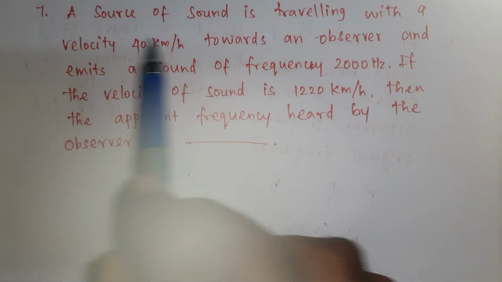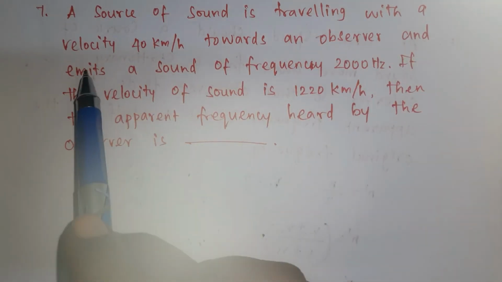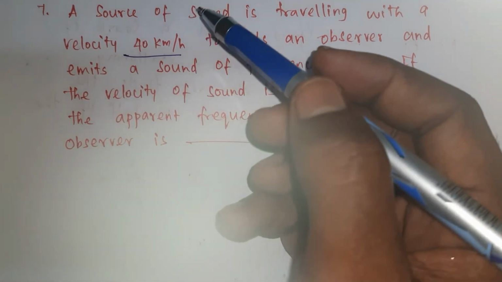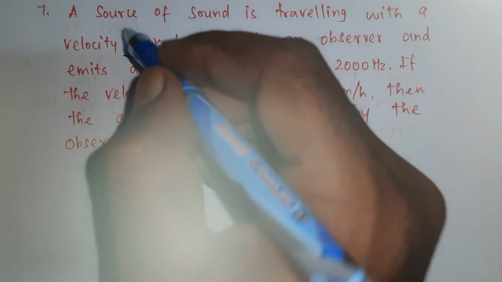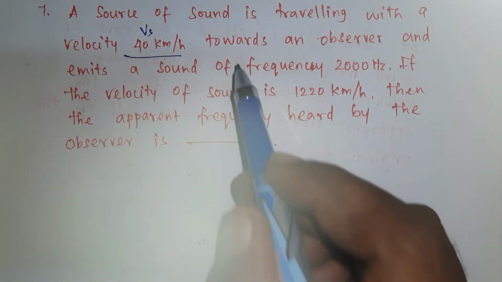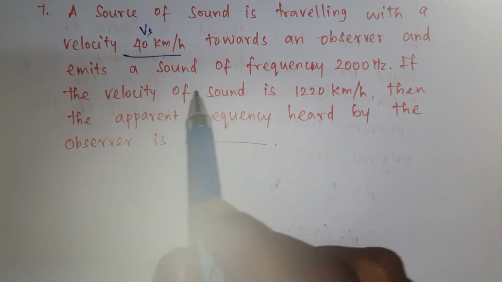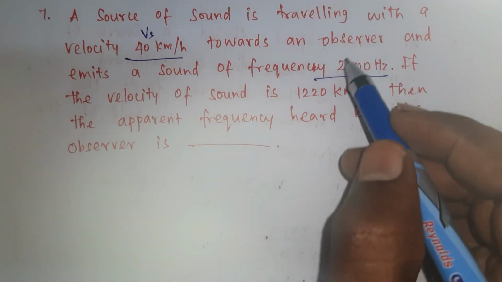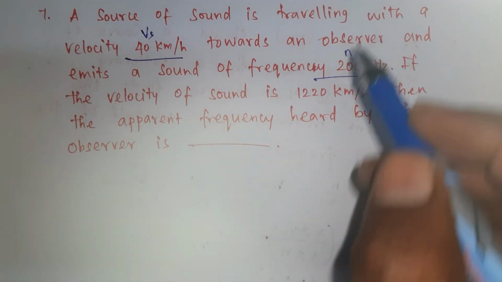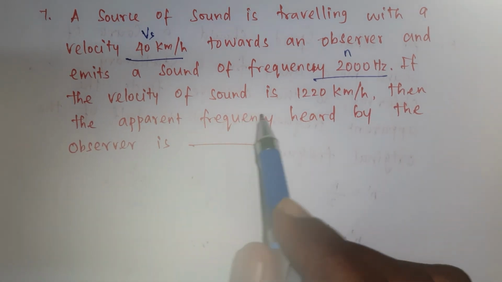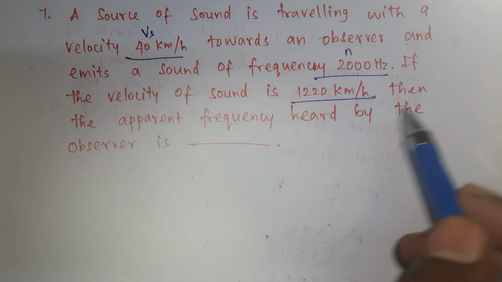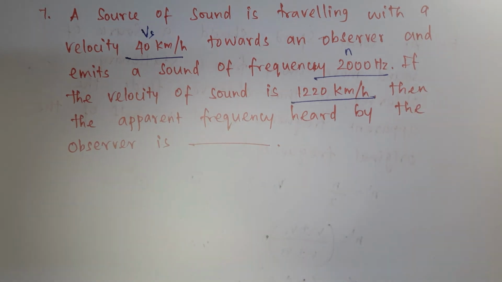Next question. A source of sound is traveling with a velocity of 40 km per hour, so this is the source of sound traveling with this velocity Vs, towards an observer, and emits a sound of frequency 2000 Hz. So the frequency of the source n is 2000 Hz. The velocity of sound is 1220 km per hour. Then the apparent frequency heard by the observer.